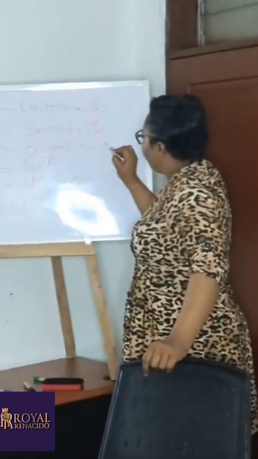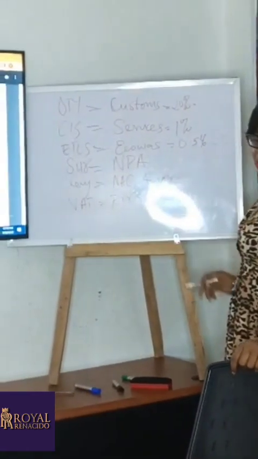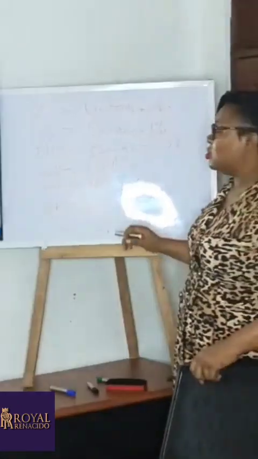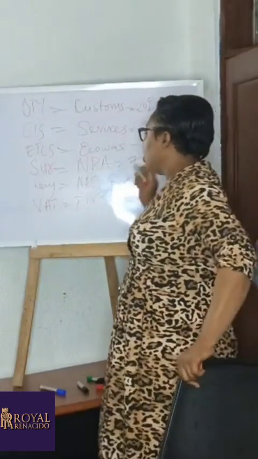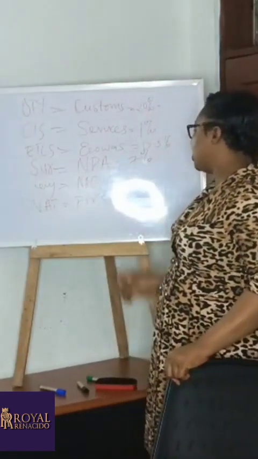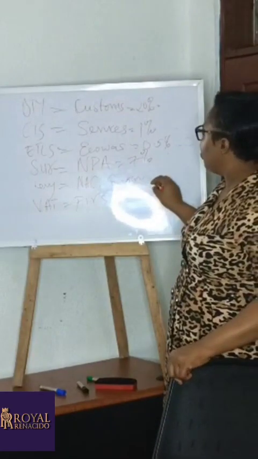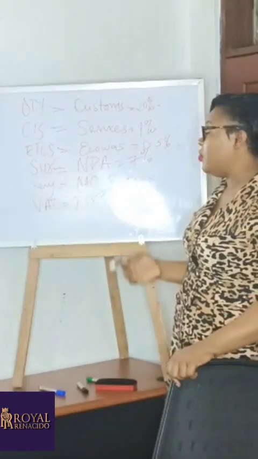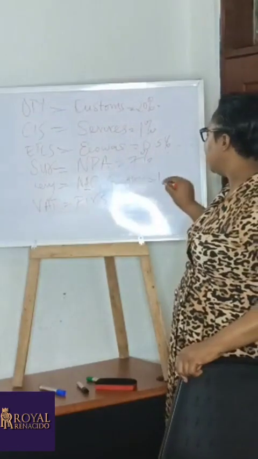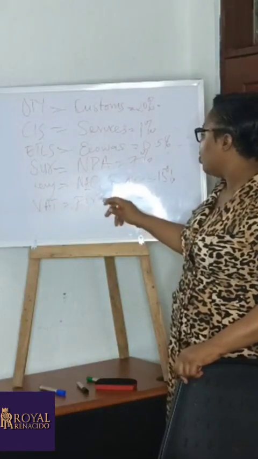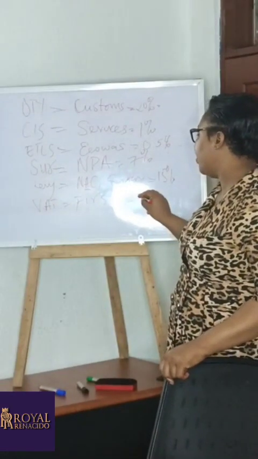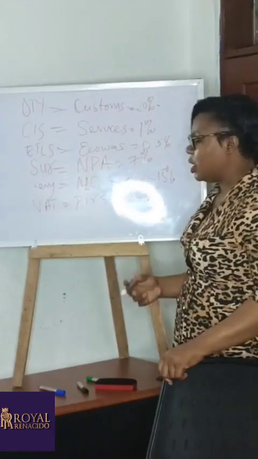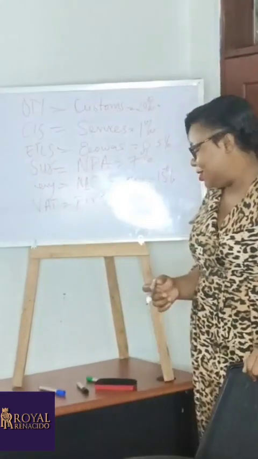The ETLS, the ECOWAS, takes 0.5% of the surface duty. The surcharge, NPA takes 7%. Depending on the levy, for instance, the NAC takes 50% levy, while the VAT for now takes 7.5%.